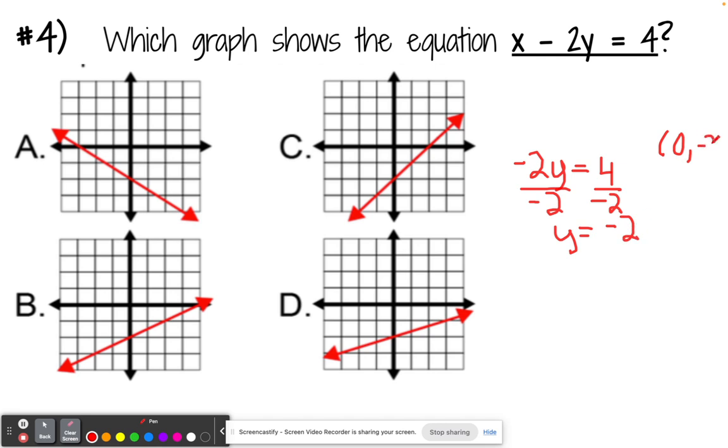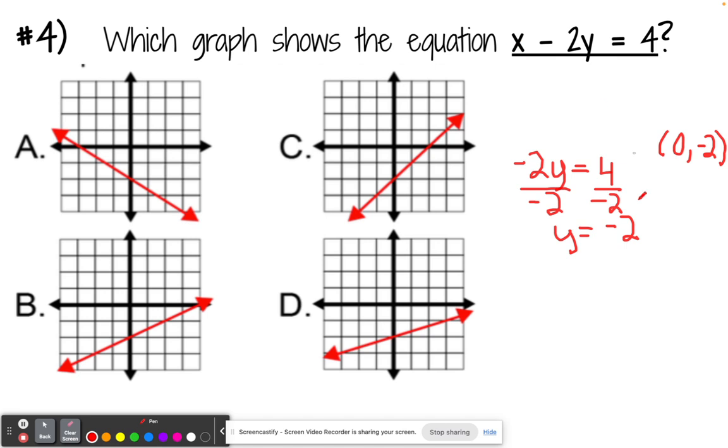So now that I know one of my intercepts, 0, negative 2, my y-intercept, can I check to see which of these has a negative 2 for y-intercept? Well, lo and behold, they all do. So that didn't help me that much. So what else can I do?